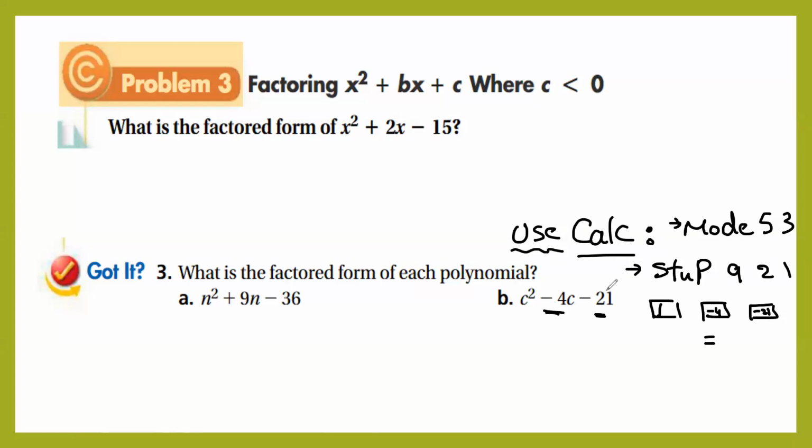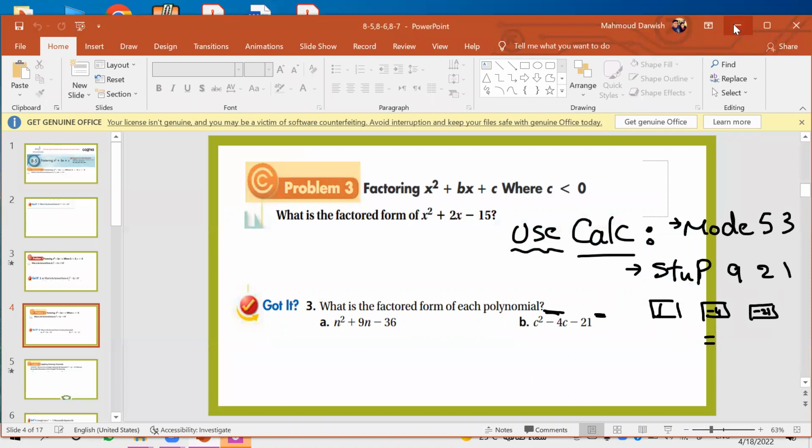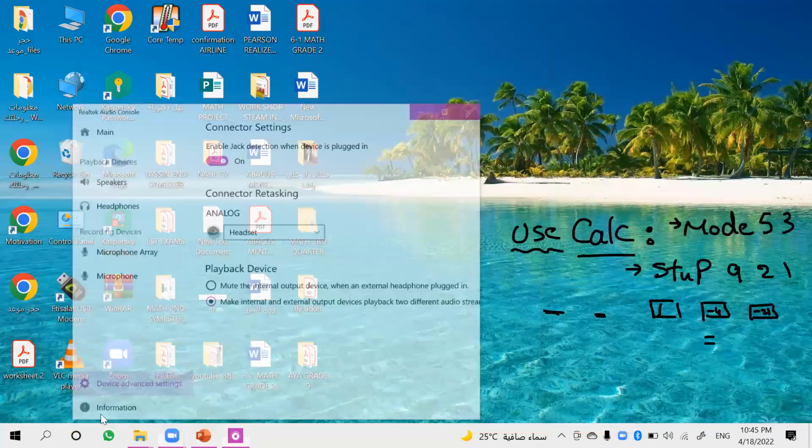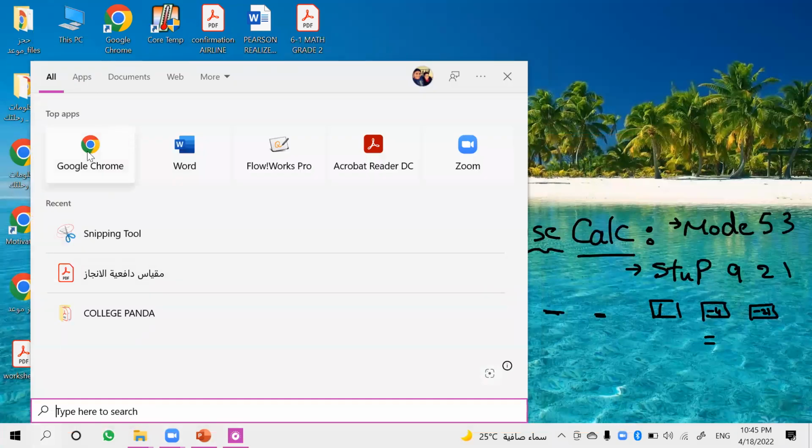Try to do it with the calculator, mode 5-3. Do you want me to check it with the calculator to show you? I did mode 5-3, but it didn't open. Okay, just a moment. You can see my screen, right? Yeah.